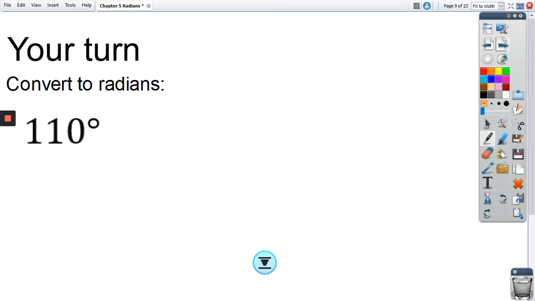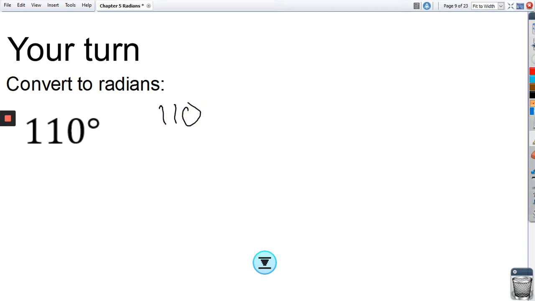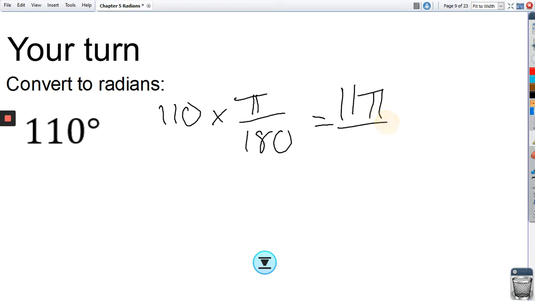Okay, so this time we're going to do 110. We're going to times it by pi over 180, which is just going to be 11 pi over 18. And there you go. We have gone from degrees into radians.